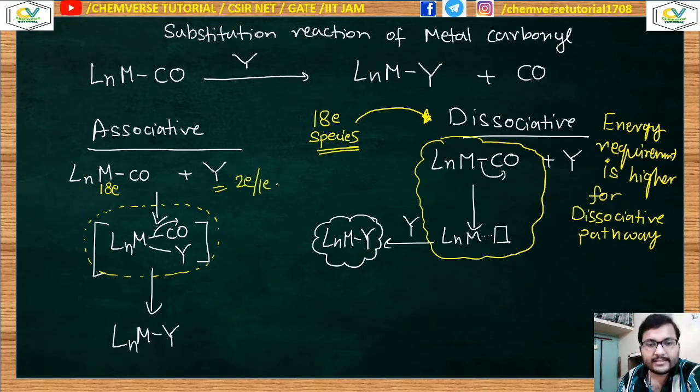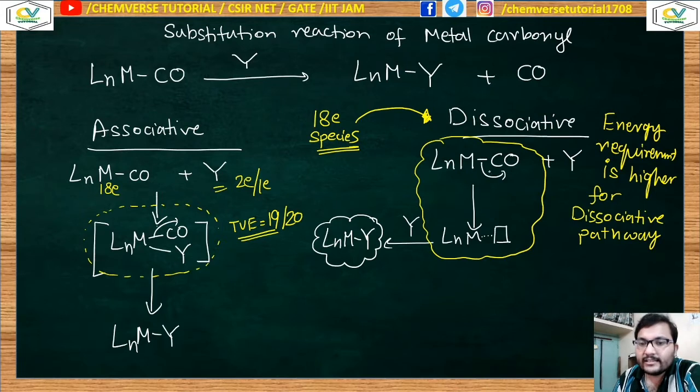In that case, association leads to an increase in the total valence electron count. So now the total valence electron count will be either 19 or 20. If Y is a 1 electron donor, then this intermediate is a 19 electron species, and if it is a 2 electron donor, then it will be a 20 electron species. So this kind of intermediate is not that stable.